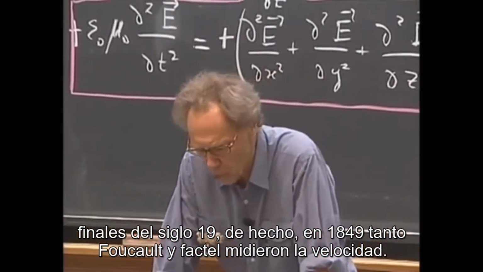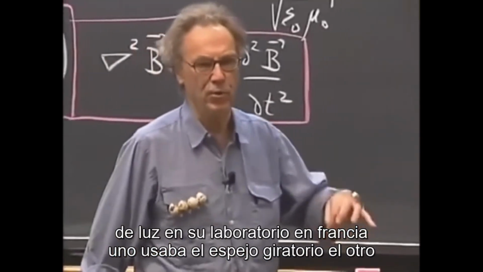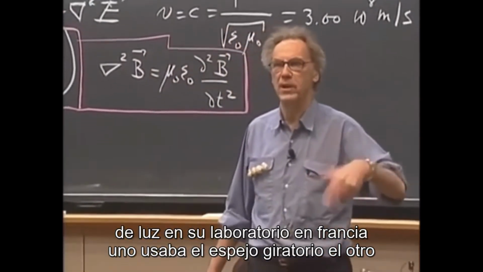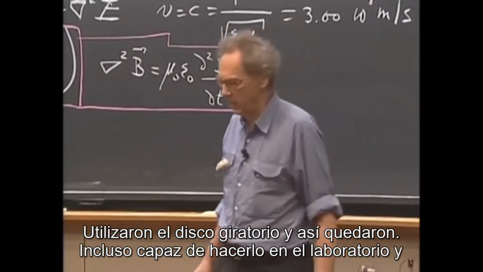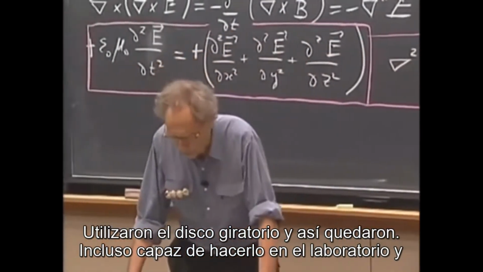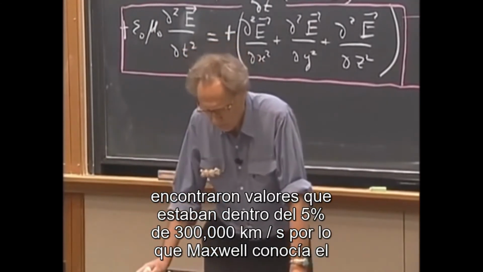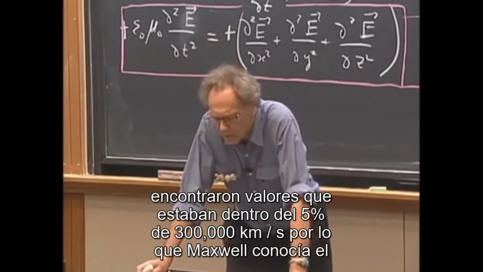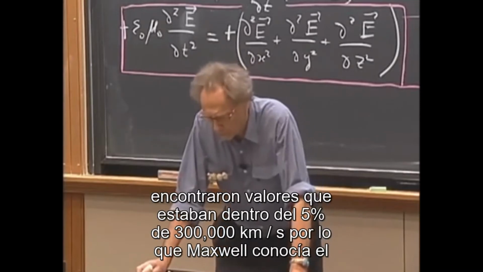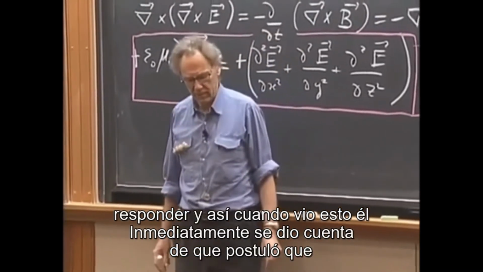And then in the 19th century, in fact in 1849, both Foucault and Fizeau measured the speed of light in their laboratory in France. One used a rotating mirror, the other used a rotating disc, and they found values which were within 5% of 300,000 kilometers per second.